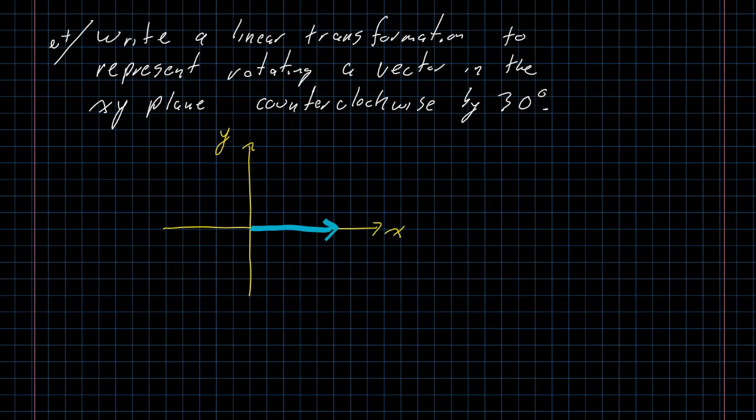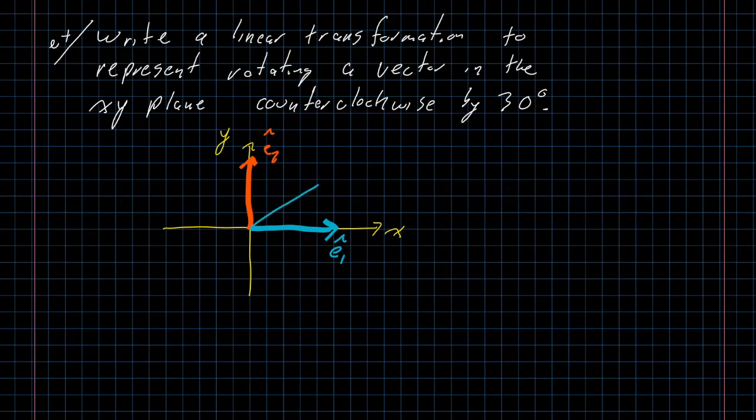All right. So let's take a look at the xy plane, and let's take a look at our standard basis vectors, e1 hat, e2 hat. I don't want to have to deal with rotating every vector individually. I want to find a nice simple representation of it.